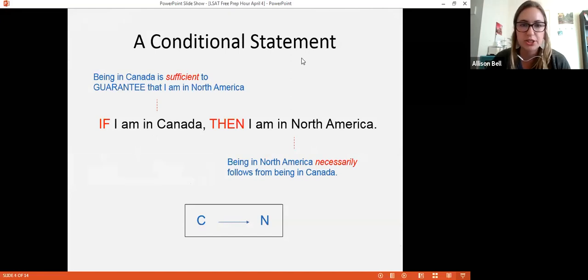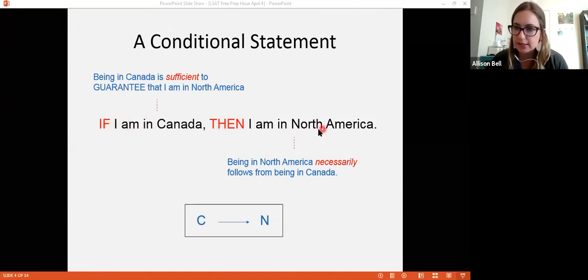So conditional logic is a certain type of thinking that is all about requirements and guarantees. The statement here is a classic example of a conditional logic statement. If I am in Canada, then I am in North America. What makes this conditional logic is we have a condition, the if statement, that guarantees that a certain outcome will happen.